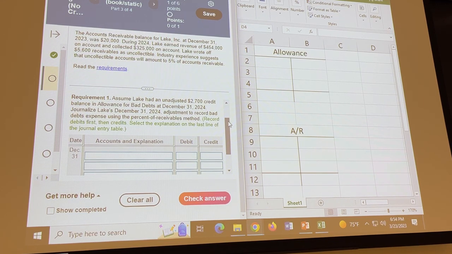What we're supposed to be doing is the adjustment on December 31st to record bad debts expense using the percentage of receivables method. So the allowance account here, they tell us it has an unadjusted credit balance of $2,700.